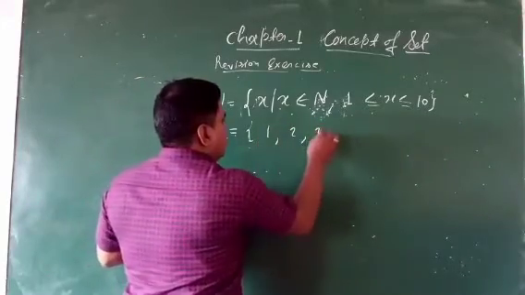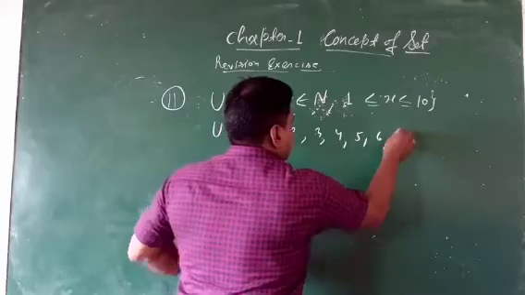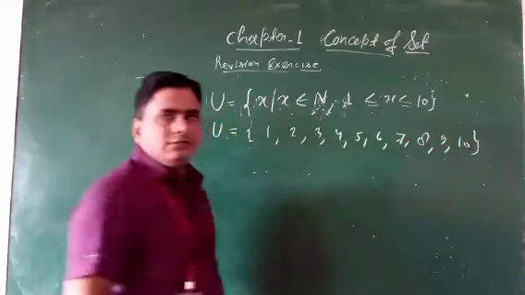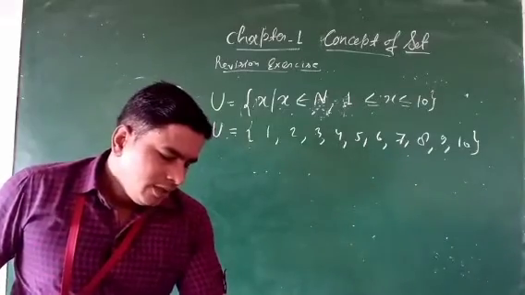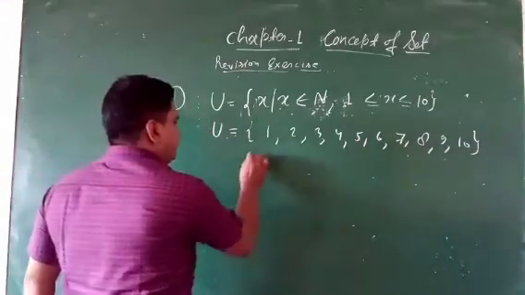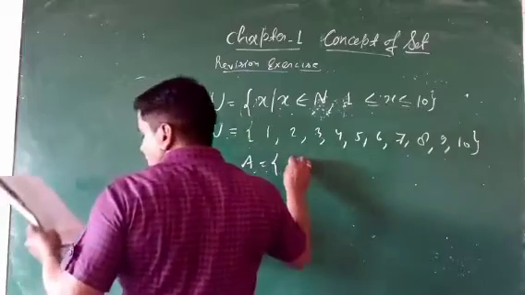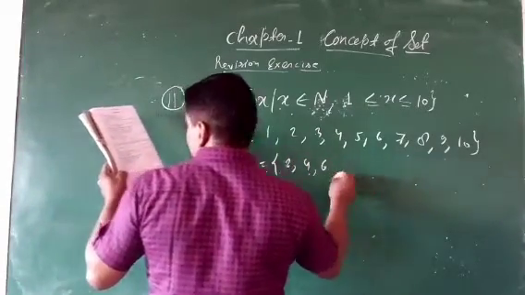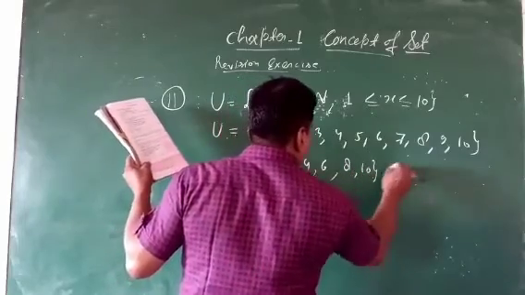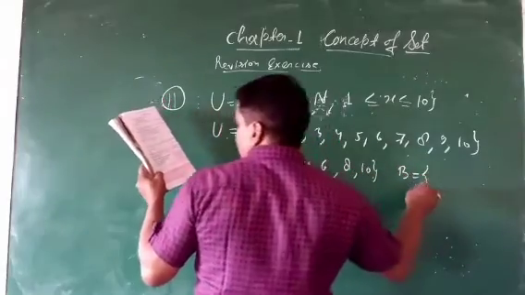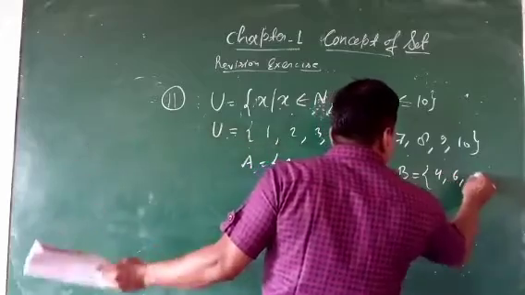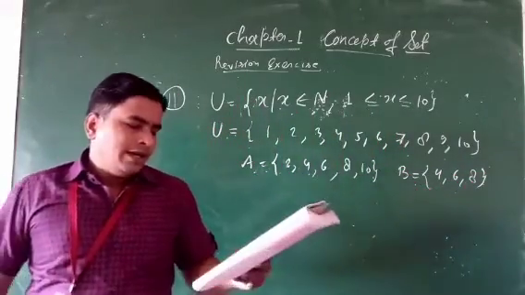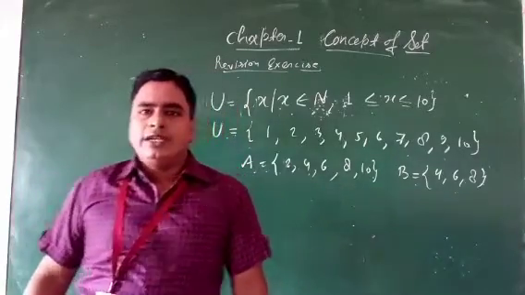So 1, 2, 3, 4, 5, 6, 7, 8, 9, 10. Two more sets are given: A is equal to 2, 4, 6, 8, 10 and B is equal to 4, 6, 8. Try a Venn diagram to represent them.